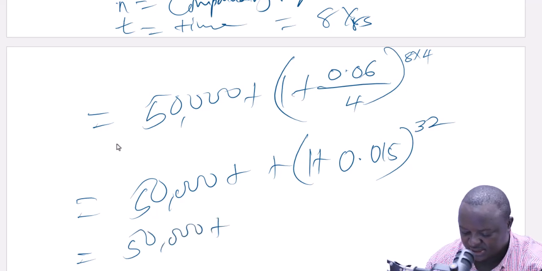So that will be 50,000 times brackets 1.015 raised to power 32.